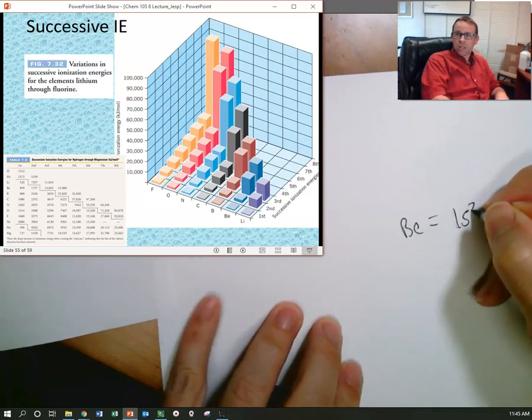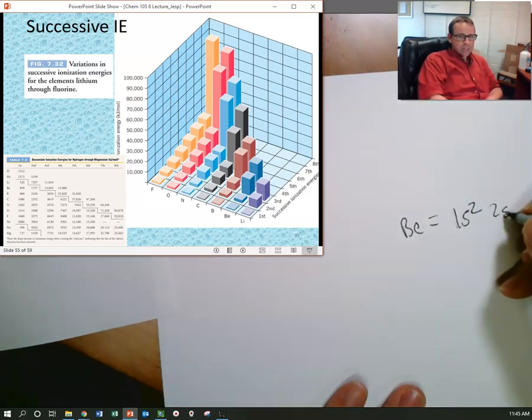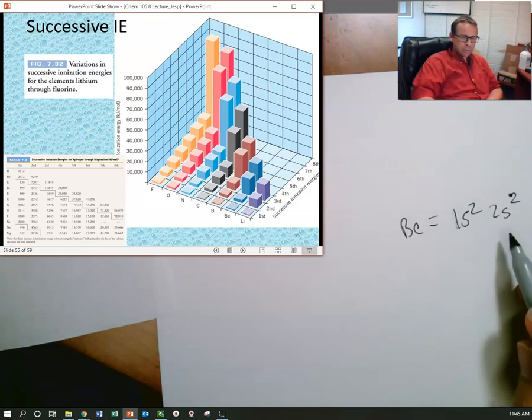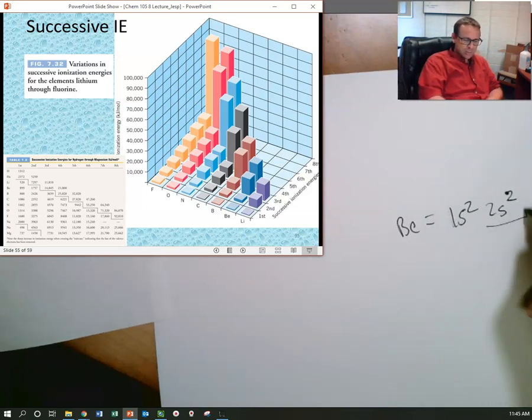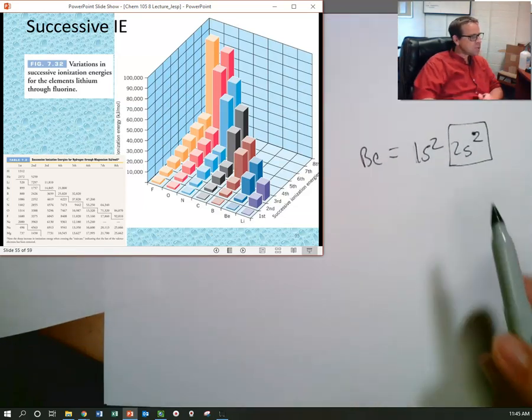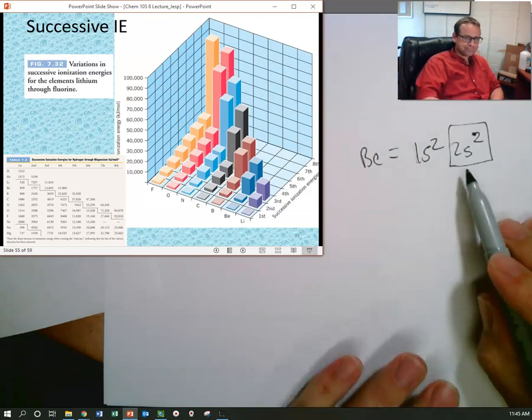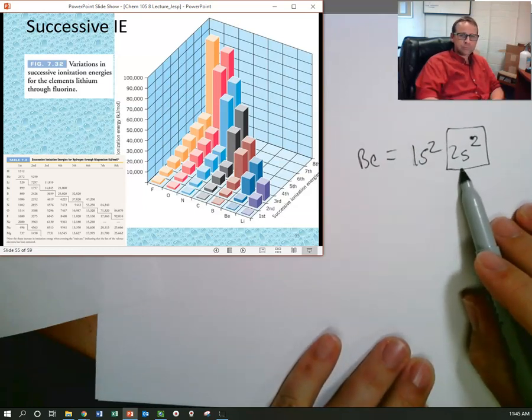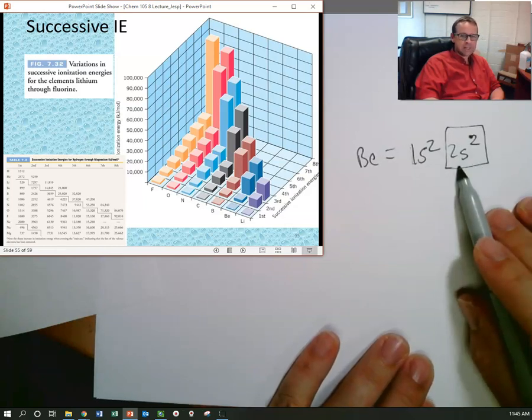Beryllium, 1s2, 2s2. So there are 2 electrons, which are its, what do we call those electrons there, Camilla? What do we call the electrons with the highest n value? So there's valence electrons? That's right, valence electrons.